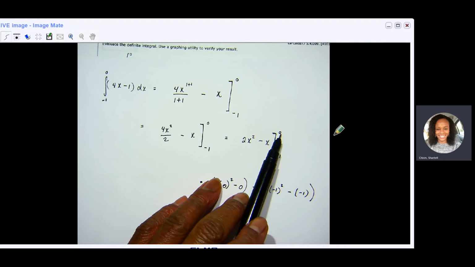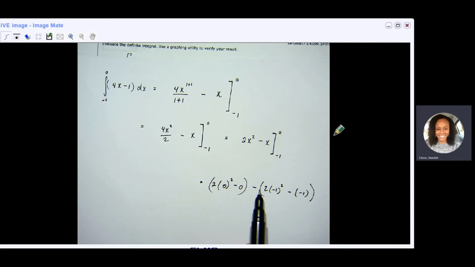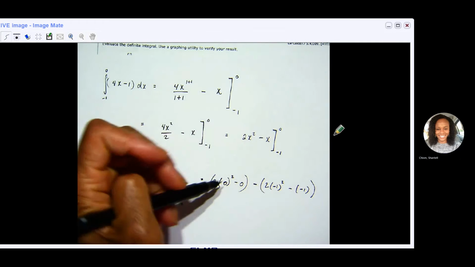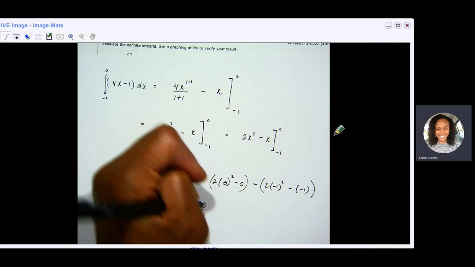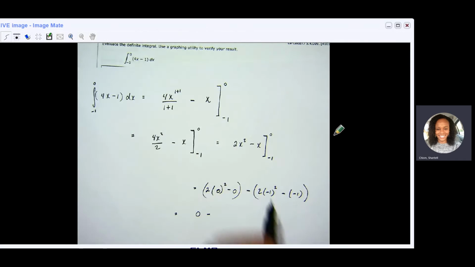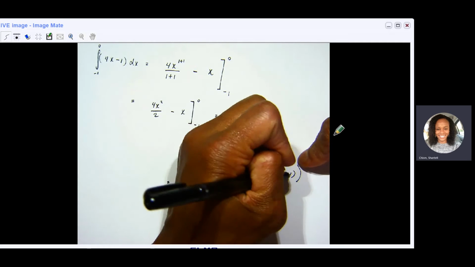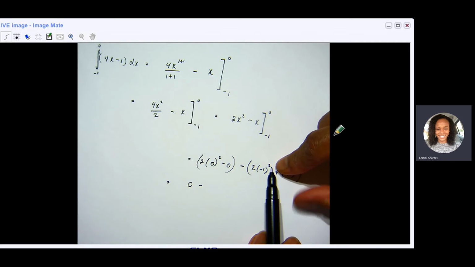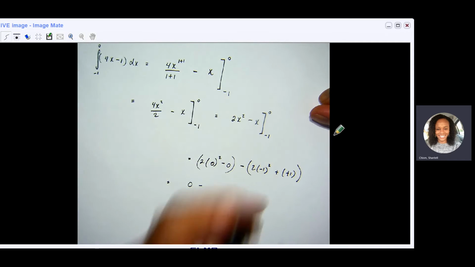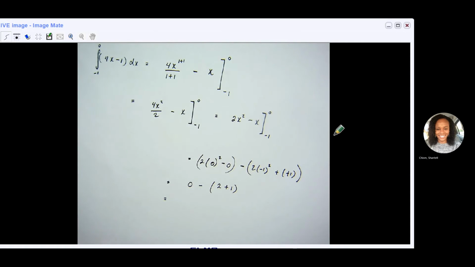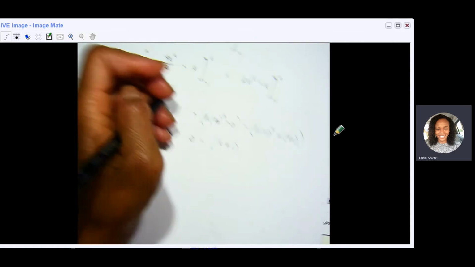Placing the top one, which is b, and subtracting that function evaluated at a. So top one is b, bottom one is a. So this is just 0 right here. And then I've got minus, let's see what this is. This is 2 times 1 plus 1, because this becomes plus. And then we square -1, that's just a positive 1. So this is 2 plus 1, which is a -3.